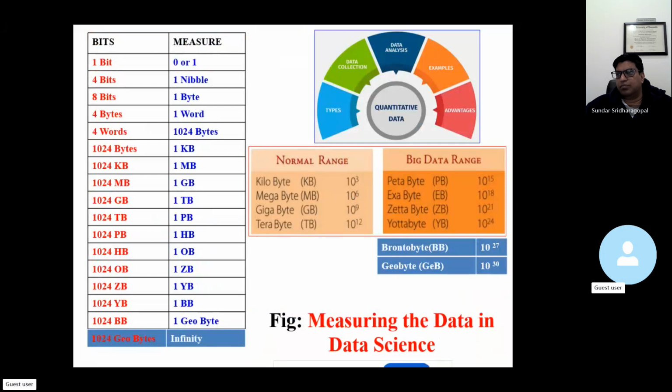That's why we are measuring the data in terms of bits, bytes, kilobytes, megabytes, like that. 1 bit is equal to 0 or 1, 4 bits is equal to 1 nibble, 8 bits is equal to 1 byte, 4 bytes is equal to 1 word, 1024 bytes is equal to 1 kilobyte, 1024 kilobytes is equal to 1 megabyte, 1024 megabytes is equal to 1 gigabyte, 1024 gigabytes is equal to 1 terabyte, 1024 terabytes equal to 1 petabyte, 1024 petabytes equal to 1 exabyte, 1024 exabytes is equal to 1 zettabyte, 1024 zettabytes is equal to 1 yottabyte.